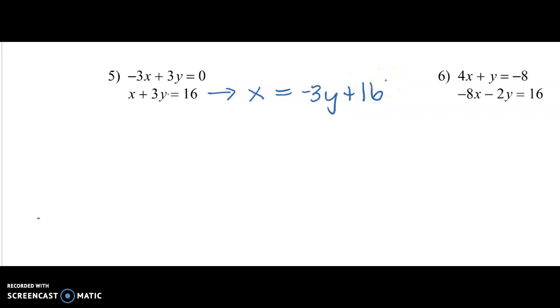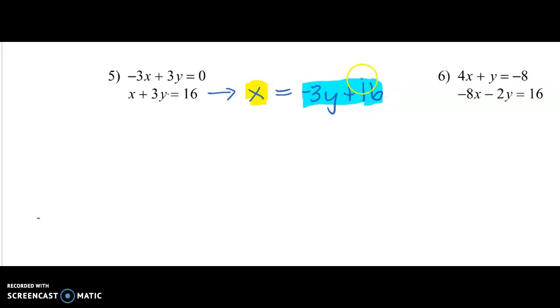Again, if I'm going to do the substitution method, I need one of the two equations to be either y equals or x equals. It doesn't always have to be y equals. With this example, we can do an x equals for our substitution. So we have x equals negative 3y plus 16.